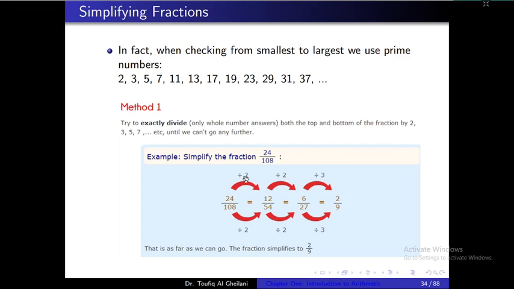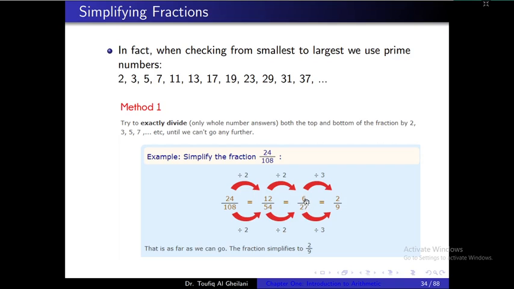24 divided by 2 is 12. 108 divided by 2, we get 54. And when we divide 12 by 2, we get 6. And 54 divided by 2, we get 27.